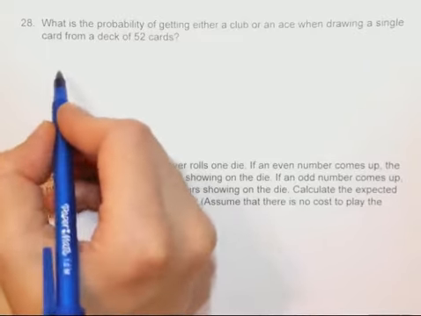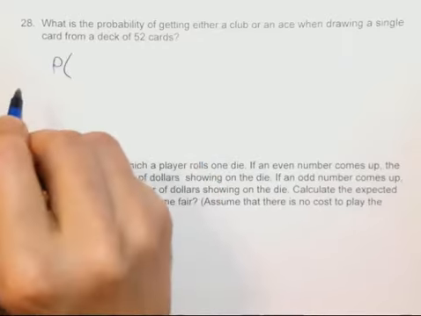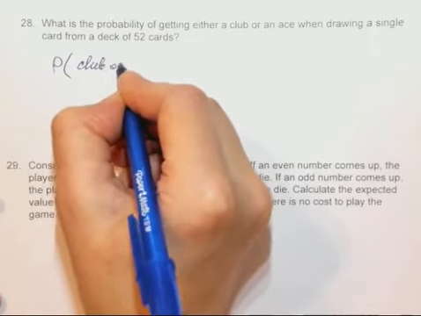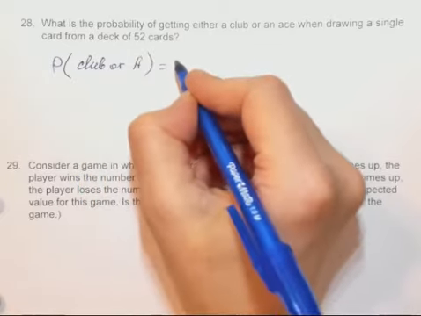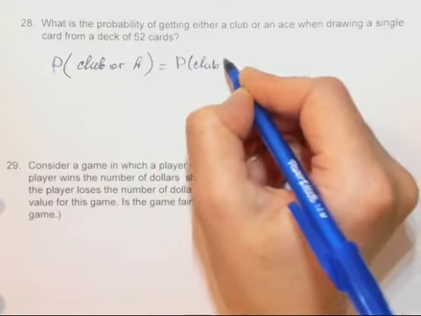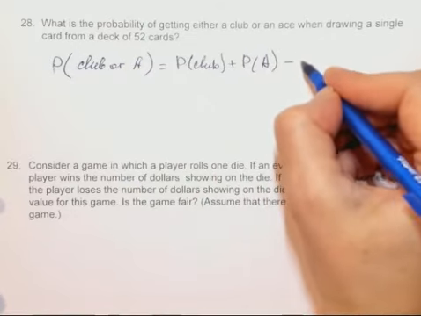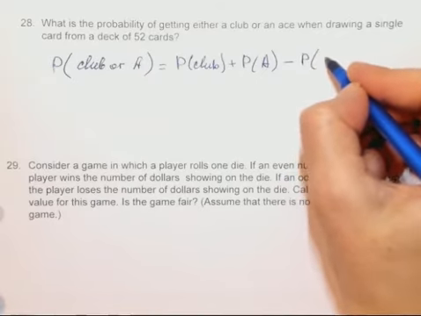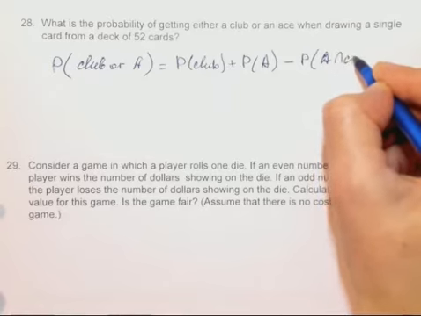So the probability that we want to find of either club or ace will be the sum: probability of club plus probability of ace minus probability of the intersection of these two events, ace which is club at the same time.